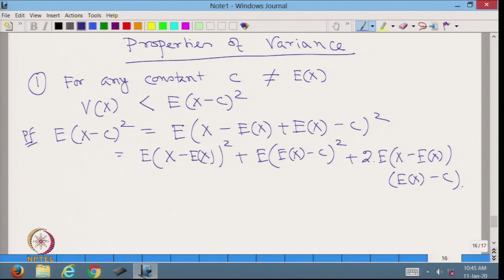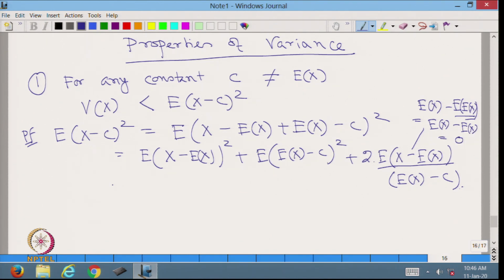Since this is a constant, and expected value of x minus expected value of x is going to be 0, because it is a constant, therefore expected value of x minus expected value of x is equal to 0.